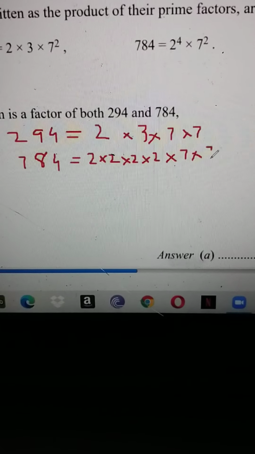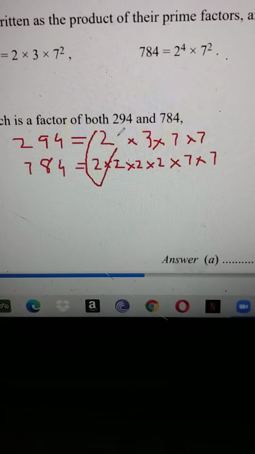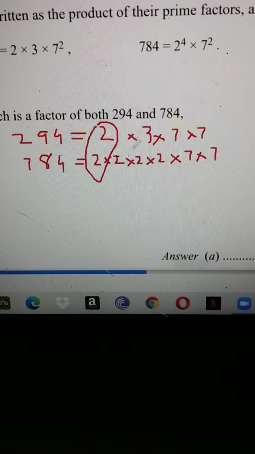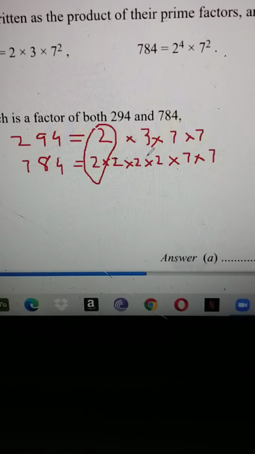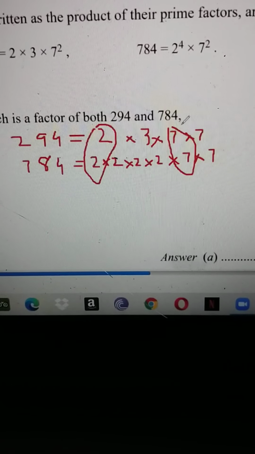Now pick up the common from the columns. For example, this is common. We don't have a 3 common, but we have 2 sevens which are common.